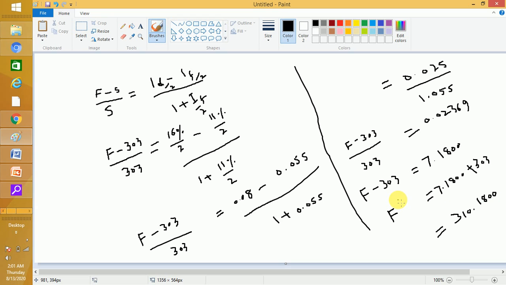So this will be our forward rate. So by using this formula, you can easily calculate the forward rate.